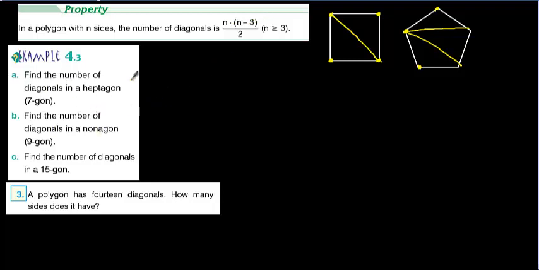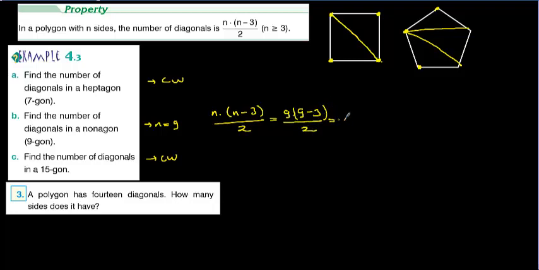I'm going to solve B1. These are going to be class work for us, and I'm going to prove this later, maybe. Find the number of diagonals in a nonagon, which means a 9-sided figure. So here n is equal to 9, and I apply the formula n times n minus 3 over 2, which is 9 times 9 minus 3 over 2, which is 9 times 6 over 2.